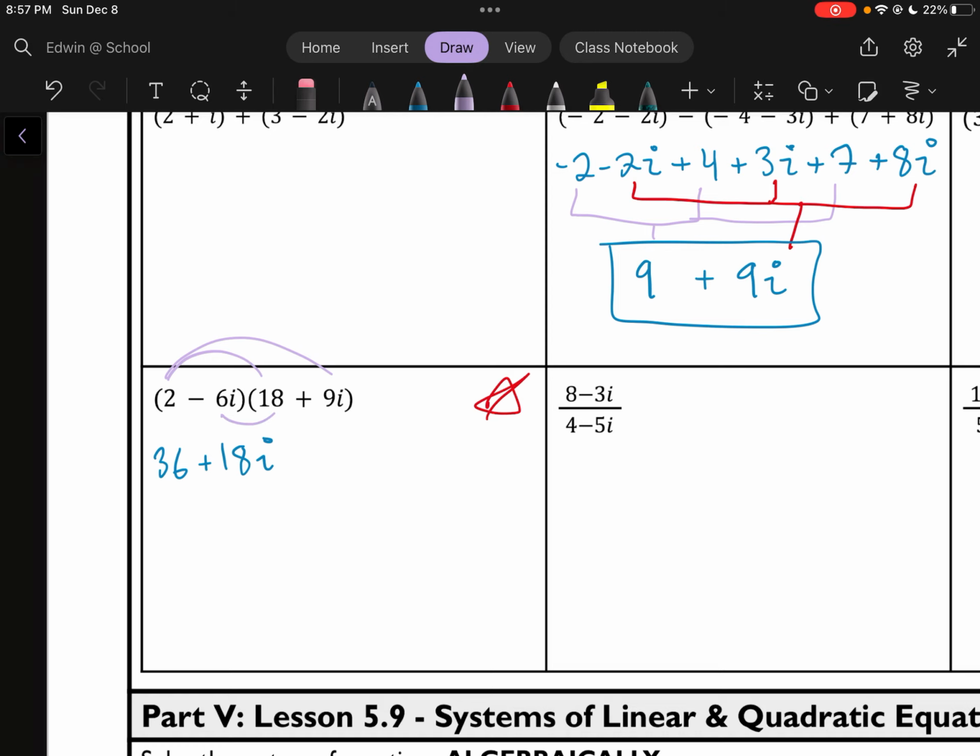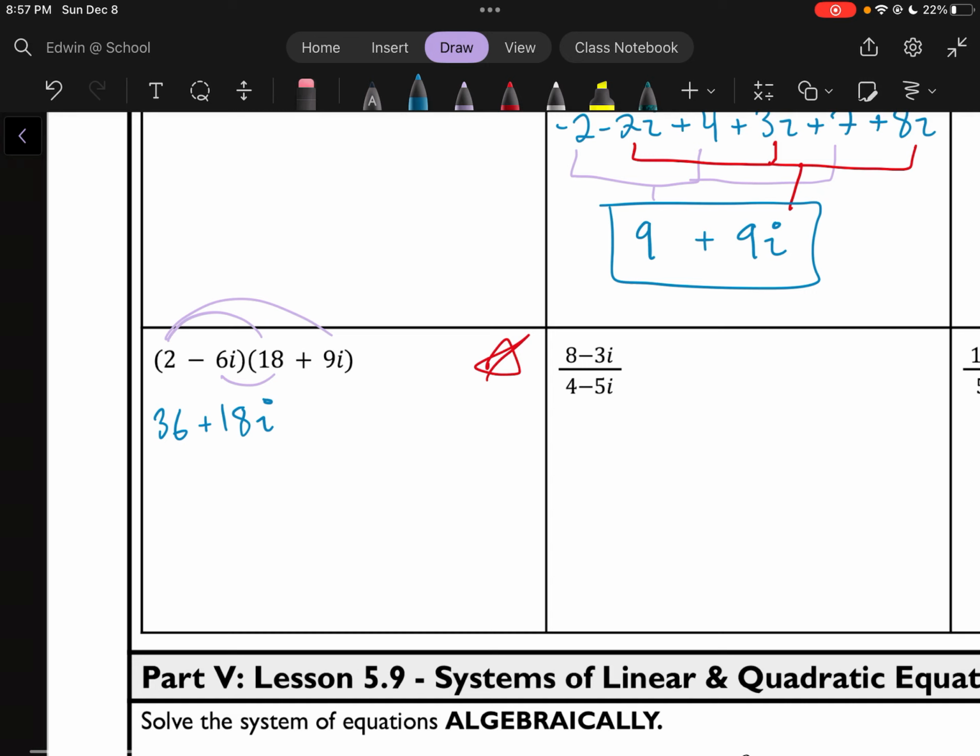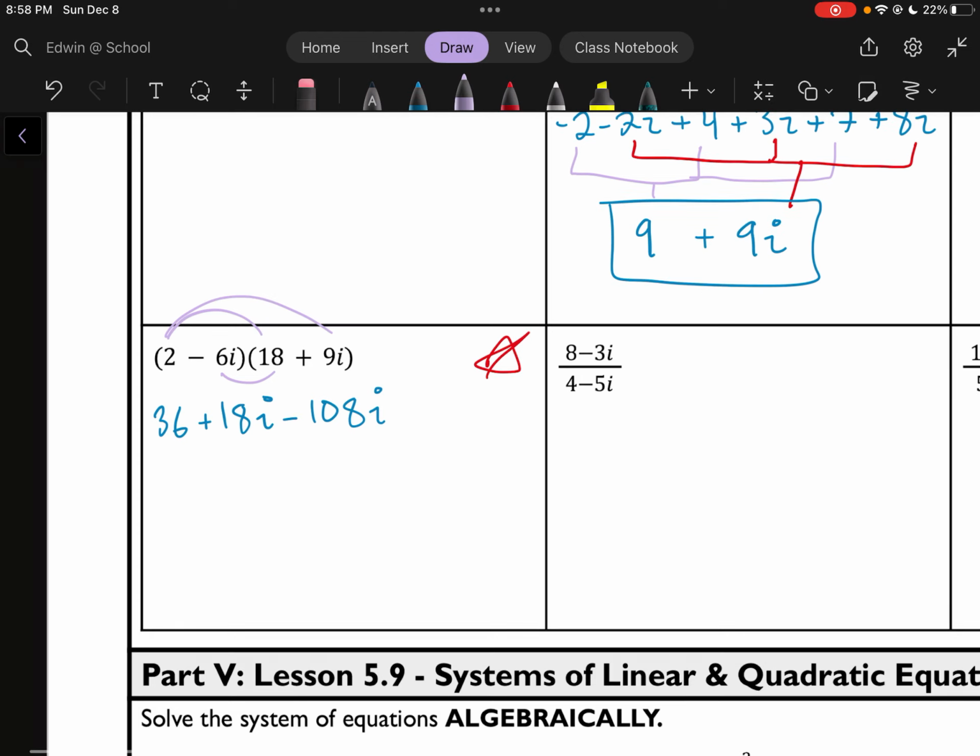Multiply this inner one, which is negative 6i times 18, which should be negative 108i. And then negative 6i times 9i is going to be a negative 54i. And since there's 2 i's, it's squared.